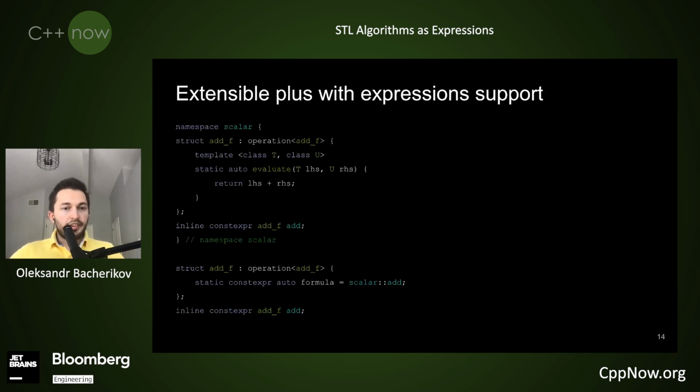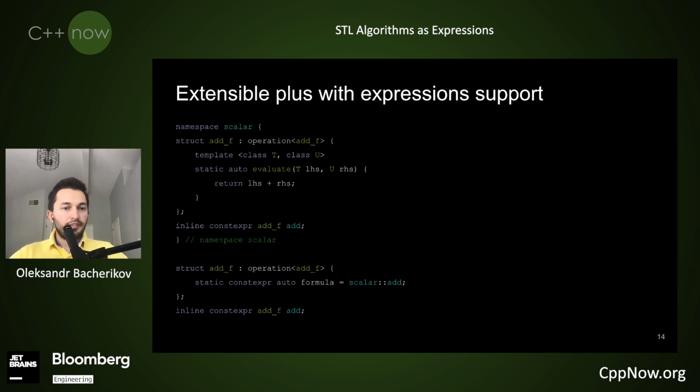To build an extensible plus analog with the support for expressions, all the code I need is on this slide. It starts with the scalar version of add in the scalar namespace. And inside you see basically the same amount of code that is used to implement std::plus. The only difference is that there's additional inheritance from operation.